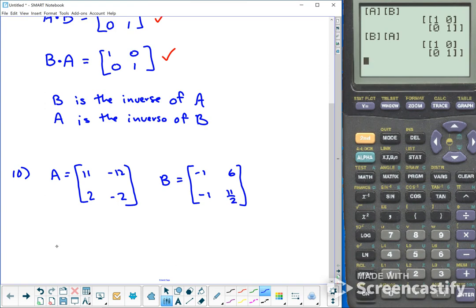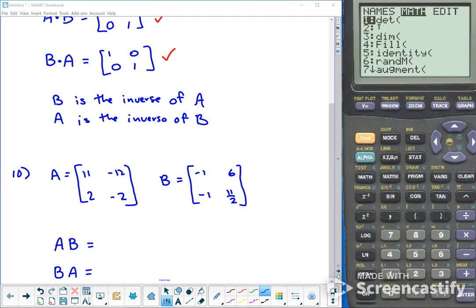Again, we're going to multiply matrix A times matrix B, and then we're going to figure out matrix B times matrix A. And each time, they should equal the identity matrix, which is the 1, 0, 0, 1.